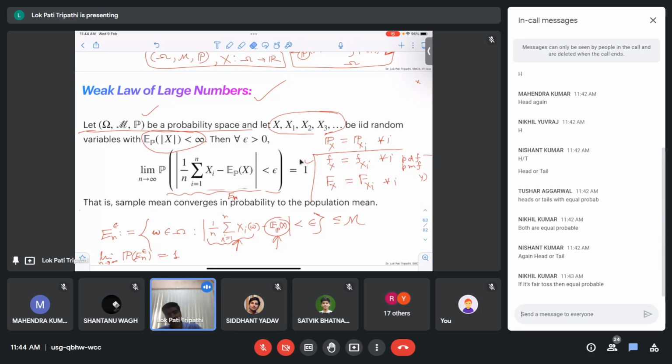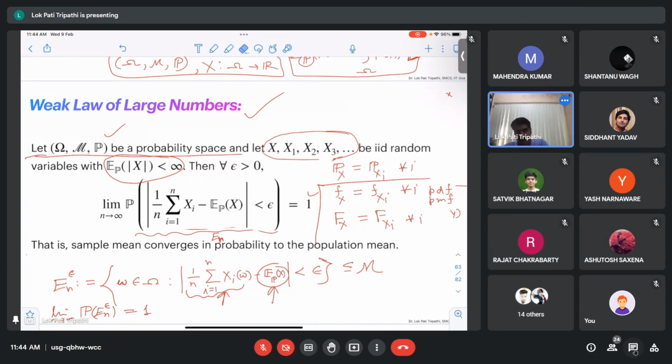So you can relate that frequentist approach of probability with the axiomatic definition that you have given. Because this axiomatic definition will just say that it is a probability model. Whether that model is correct or not, we don't know.